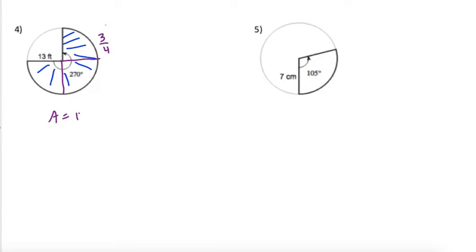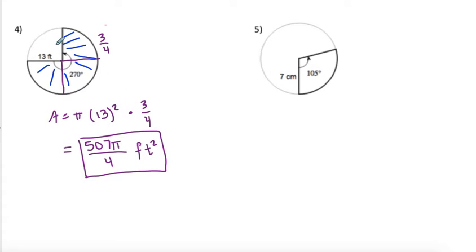So for the area, I'm going to take pi r squared and multiply by 3/4 because I only want 3/4 of this, not all 4 of the quarters. So it's going to make it smaller than the overall circle. When I multiply that out, my calculator gives me 507 pi divided by 4. And my units here are feet squared. So the whole circle is that 169 pi, and when I multiply it by 3/4, I get this value.